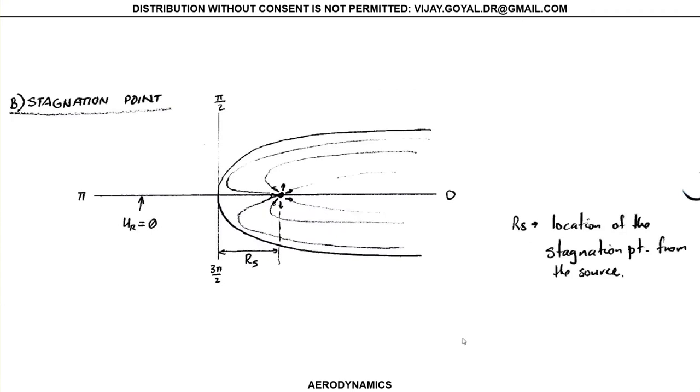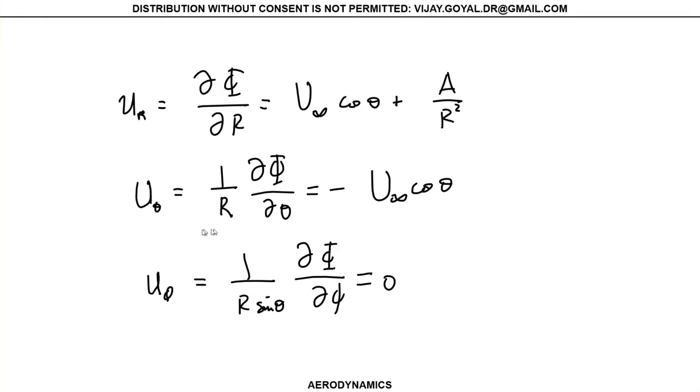Okay, so in the problem, what you have to understand is, first of all, this is the stagnation point. Okay, this location right here, you're going to find that your UR has to be 0. Okay? And this is equal to pi. So let's say your UR was equal to this expression. Okay? And you can see that in a stream right here, when theta is equal to pi, cosine is equal to minus 1, but this term has to be 0.